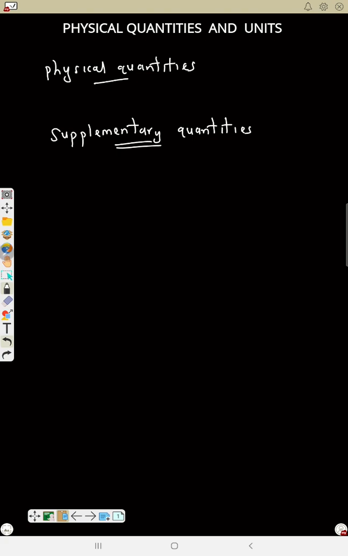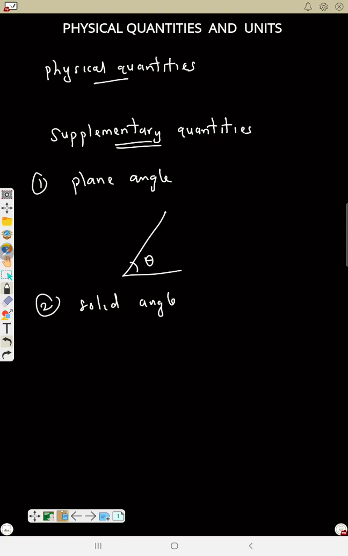That is, plane angle, the angle between 2 lines, and also solid angle. So this is supplementary. But the ones we focus on based on our own syllabus are fundamental quantity and derived quantity.